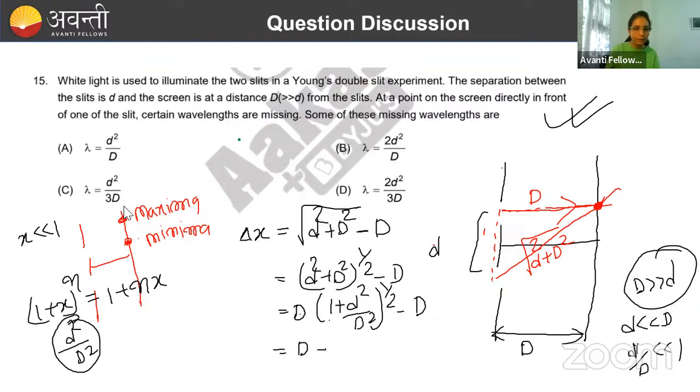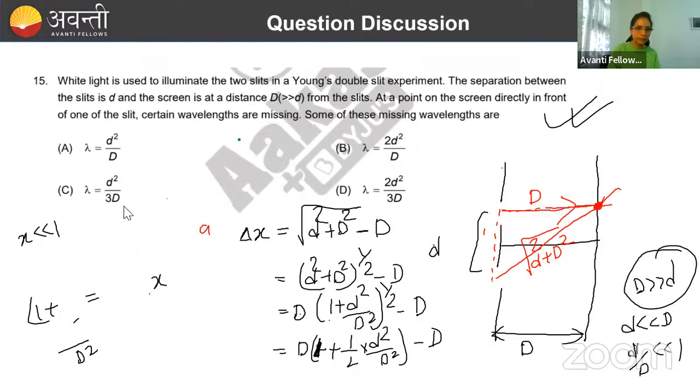तो आप यहाँ पे क्या लिखोगे? D into 1 plus, इसको 1 ले लो. 1 plus how much power it is? n. यहाँ पे power n था तो n into x किया. यहाँ पे power half है तो half into d square by D square, minus D. Now you just see the things carefully.